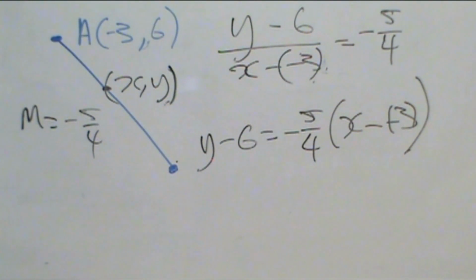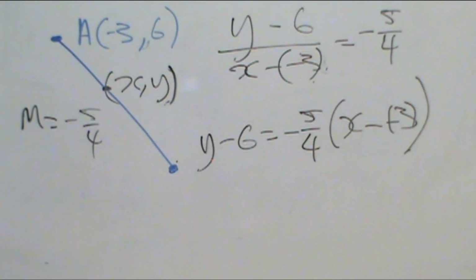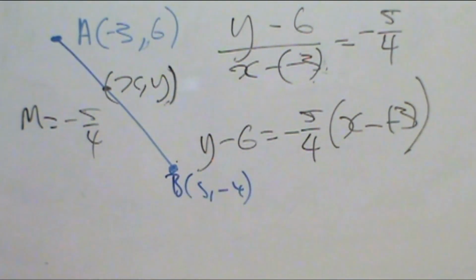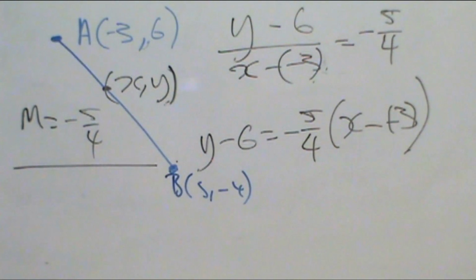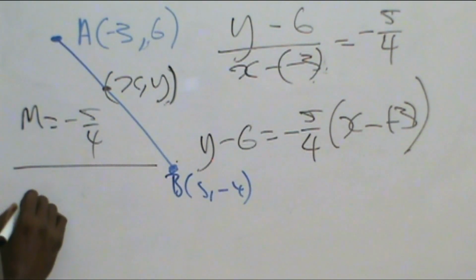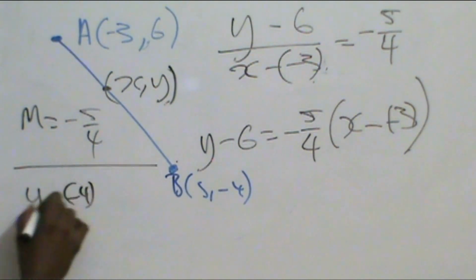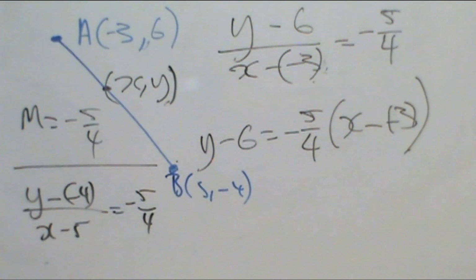By the same token, if I choose this general point and this other point, it will be 5, minus 4. Right? In that case, the gradient will be that y minus 4 over x minus 5 is equal to the same minus 5 over 4.